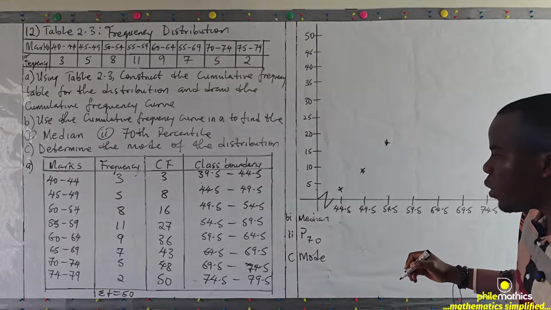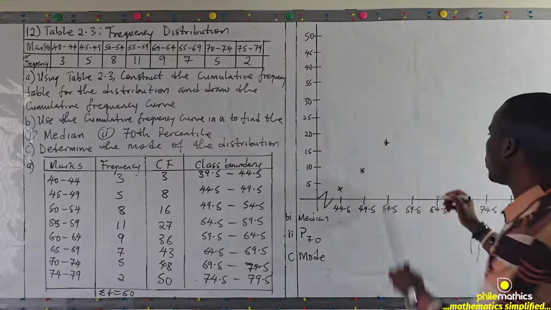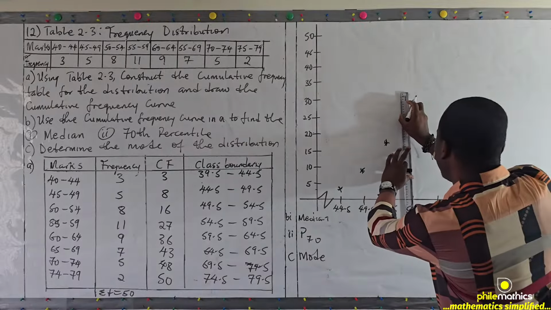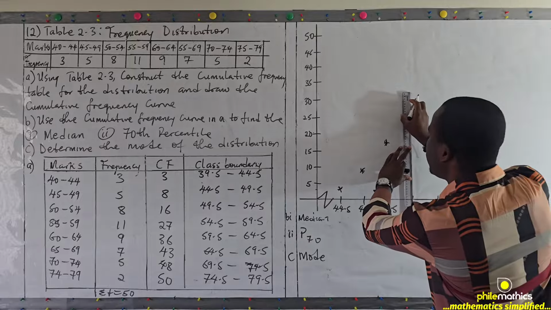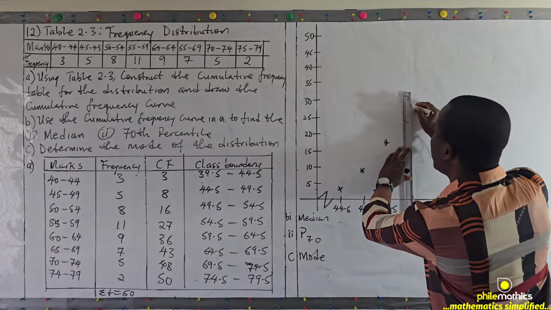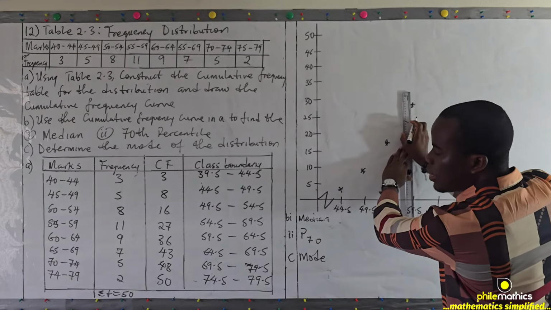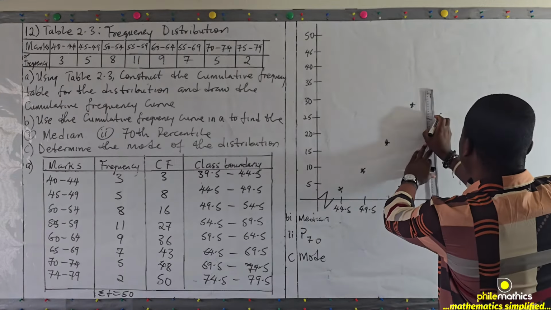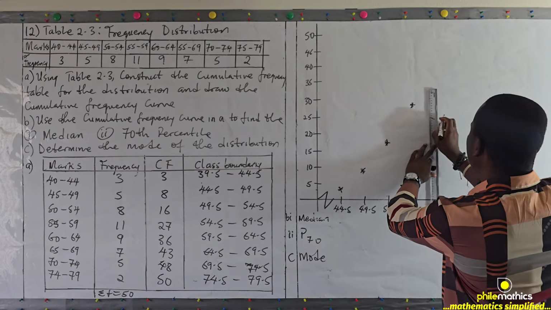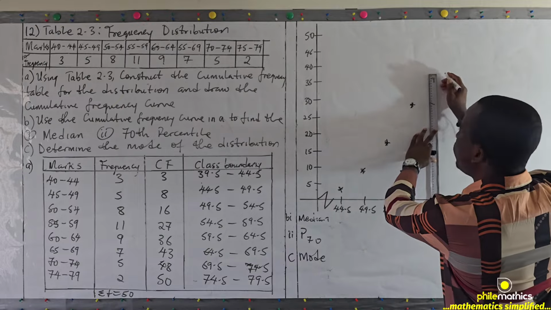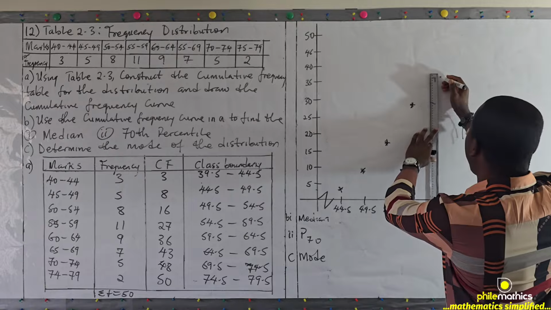At 59.5, we have 27. 27 will be at this point, a little bit above 25. At 64.5, we have 36. 36 will be a little bit above 35.